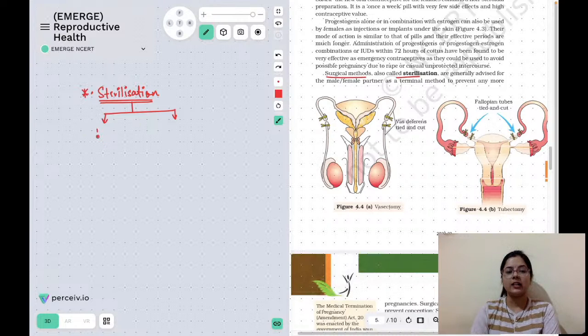And it is either in the form of tubectomy or it can be in the form of vasectomy.